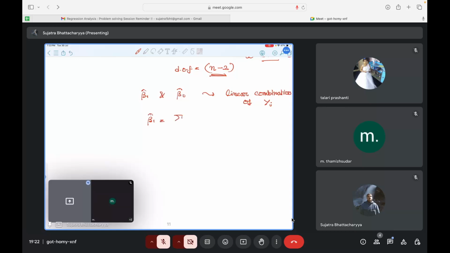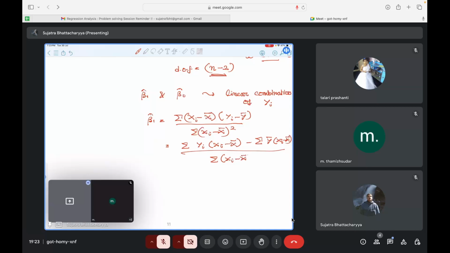So beta 1 cap, if you look at this derivation, summation xi minus x bar, yi minus y bar divided by summation xi minus x bar whole square. Okay. Now, the upper part, if you just write, so it becomes summation yi into xi minus x bar, minus summation y bar into xi minus x bar.